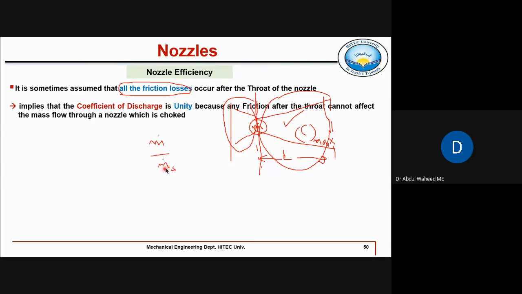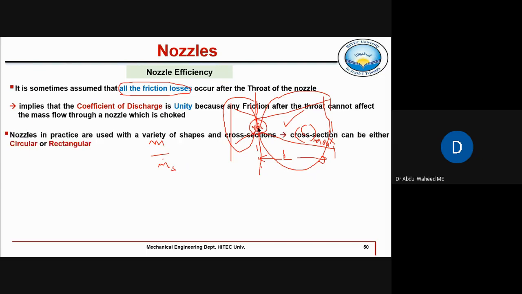So m dot will be equal to m dot s because frictional effects here are negligible. So that's why the coefficient of discharge is unity, because any friction after the throat cannot affect the mass flow rate m dot, because m dot is defined by the throat of the nozzle. Okay. Regarding the nozzles we have been studying so far, does anyone have a question?